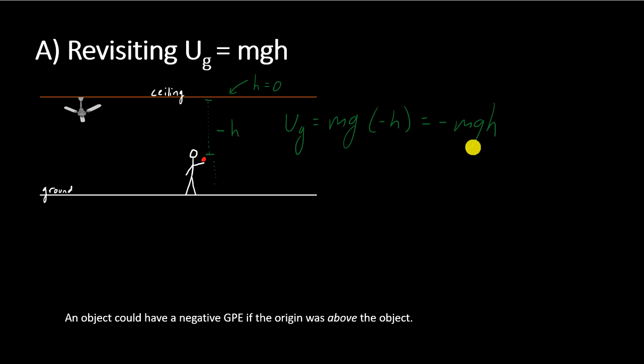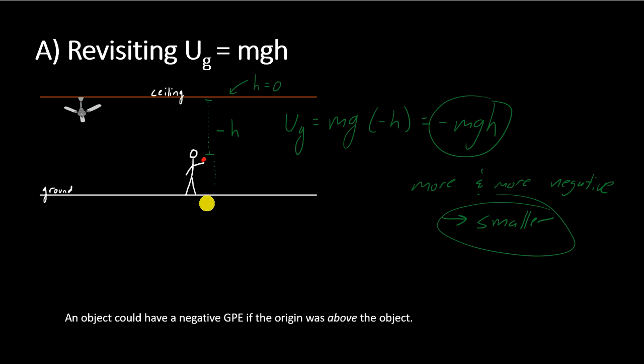If negative h is getting bigger and bigger, this here becomes more and more negative. If something's getting more and more negative, that means it's getting smaller and smaller. And that matches, right? When things fall, as they're falling down, their gravitational potential is going down, getting smaller, as, say, their kinetic energy is going up.